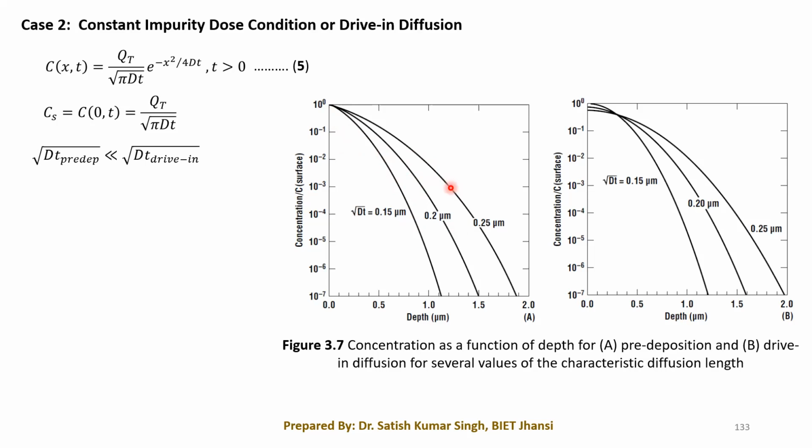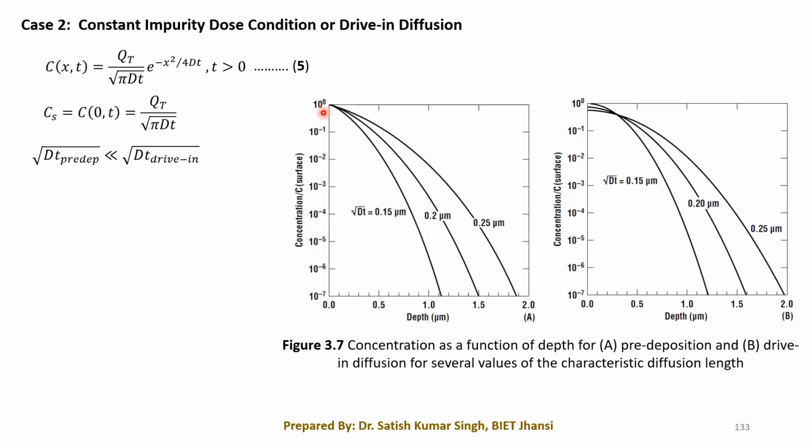But one thing we have to understand is that the surface concentration in all three cases does not change, even as we change the pre-deposition time. This is an important concept in pre-deposition, because we keep on supplying the diffusion material.